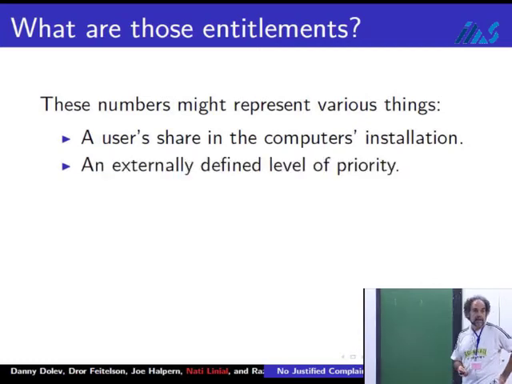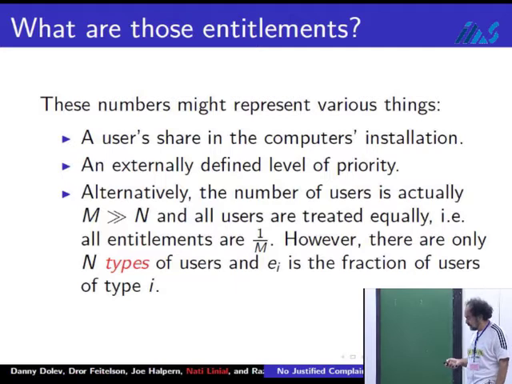Perhaps all these users are part of one bigger thing. Perhaps there are different departments in one bigger operation, and management decides to give priorities to different activities. And another possibility is that actually they're not big N users, but actually big M, which is a much bigger number of users, and we are really respecting each user in the same way.